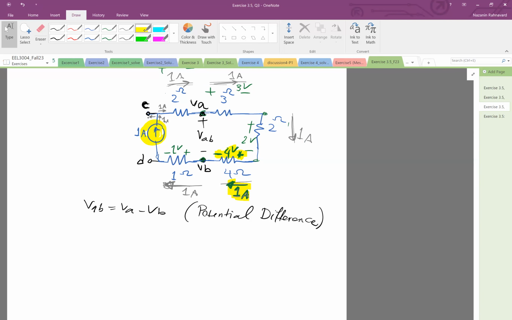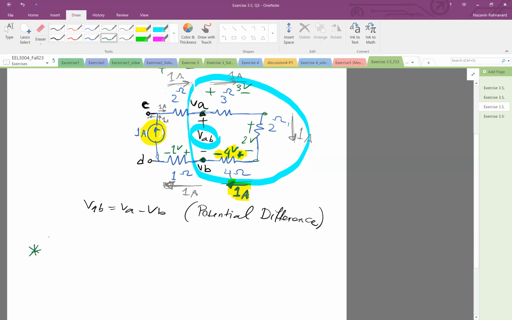Now we want to find the VAB. We can do a KVL on this part. Although A and B are not connected, we just put a potential, but still the summation of the potentials has to end up to 0.